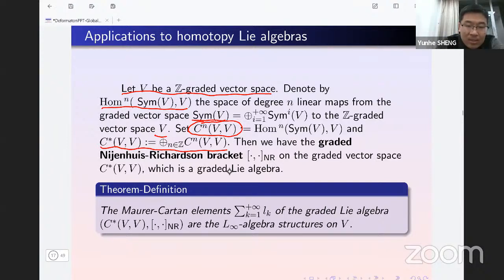And then we can take it as a theorem or we can take it as a definition. The Maurer-Cartan elements, which is the sum of L k of this graded Lie algebra, are the L infinity algebra structures on V. So we can use this as the definition of L infinity algebra structures. Okay.